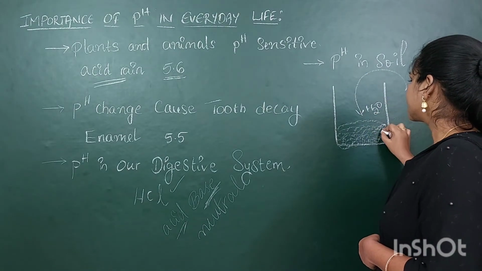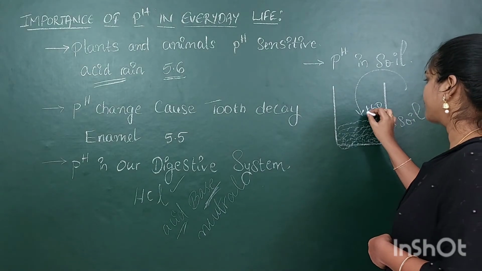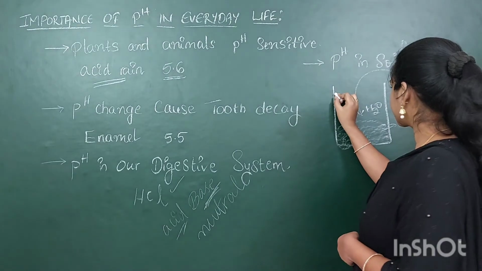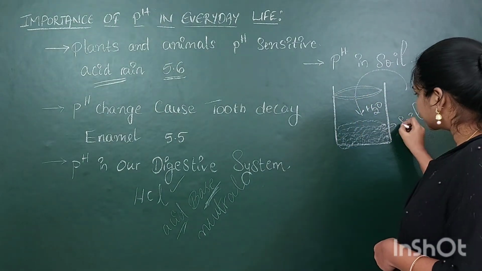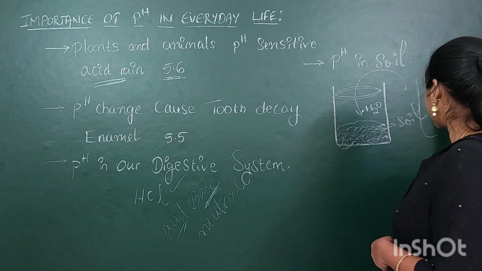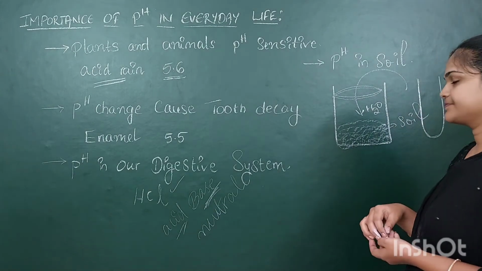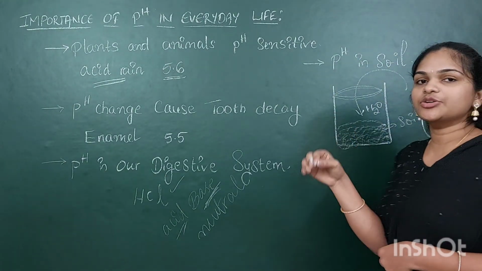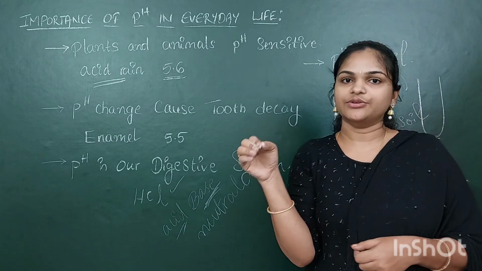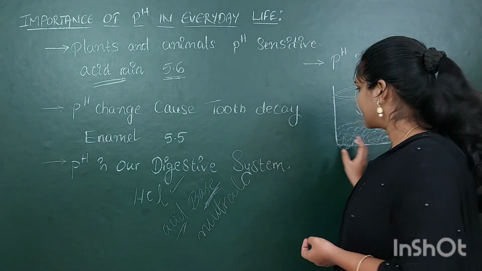First take the soil, mix that soil with water, and then filter it into another test tube. After filtering that solution, dip the universal indicator, the pH scale, into it. Then you can know the strength of that soil.